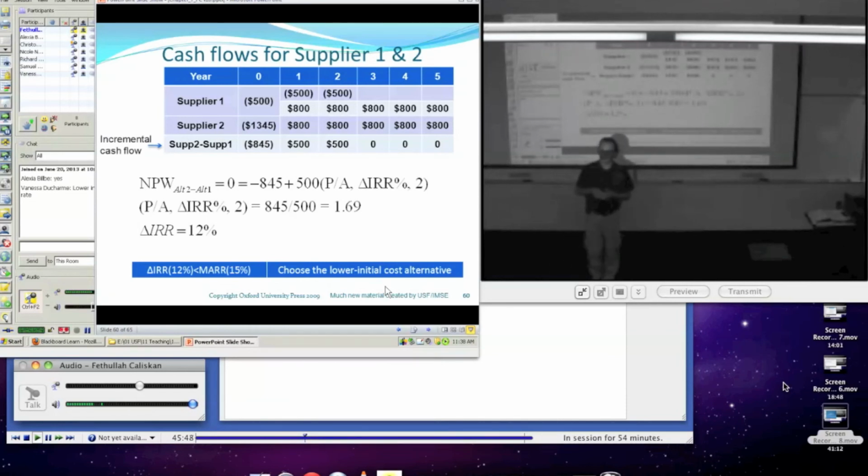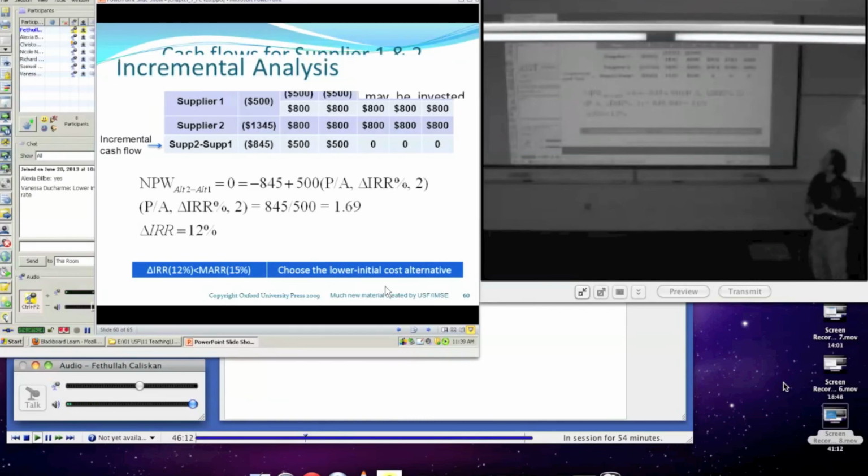Higher than minimum attractive rate of return, then high initial cost is good. Less than minimum attractive rate of return, then keep with the lower initial cost. Keep with the initial selection. That's the logic of the whole incremental rate of return technique method. Right. Another example.